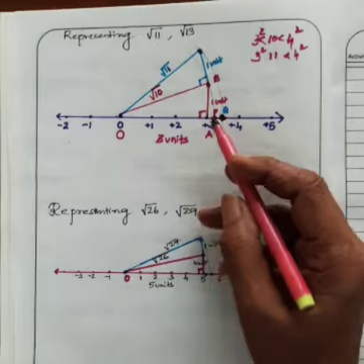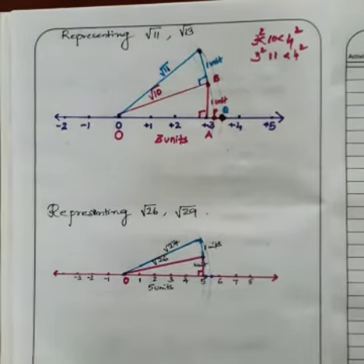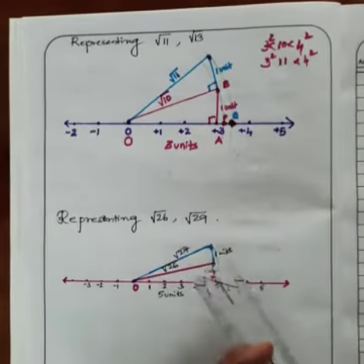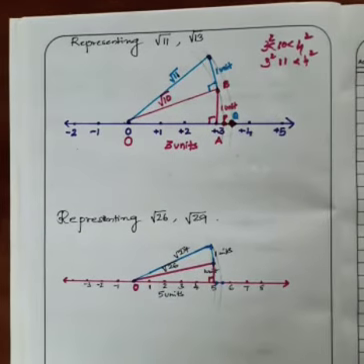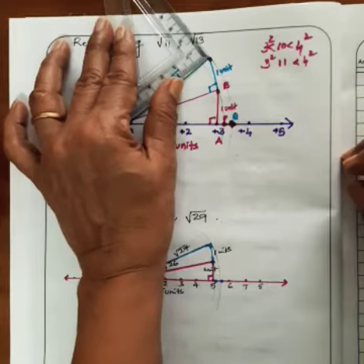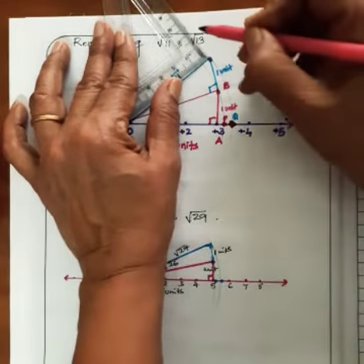Now if you need root 12, if you need root 13, you have to first construct root 12. So how do you construct root 12? You have to again draw a perpendicular here like this, taking just 1 unit.